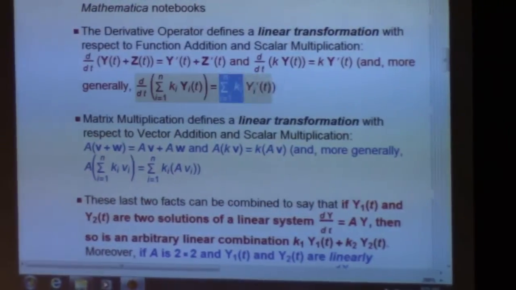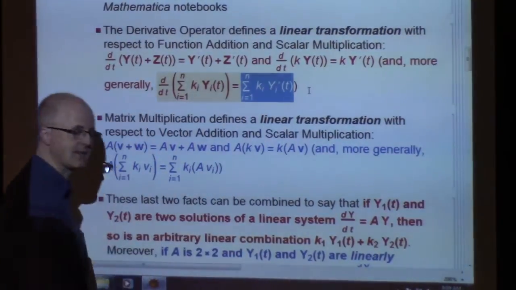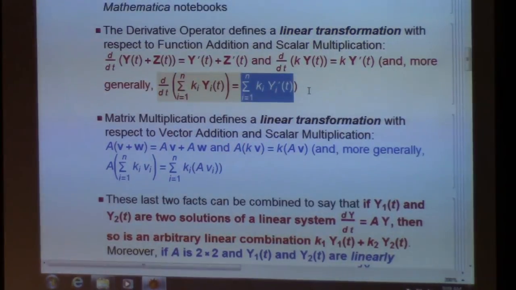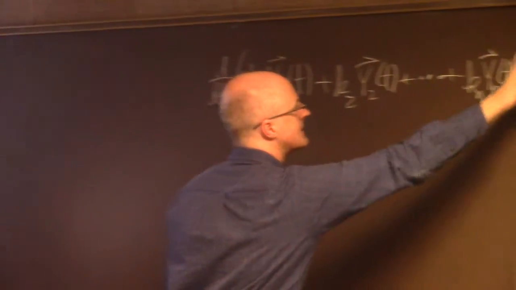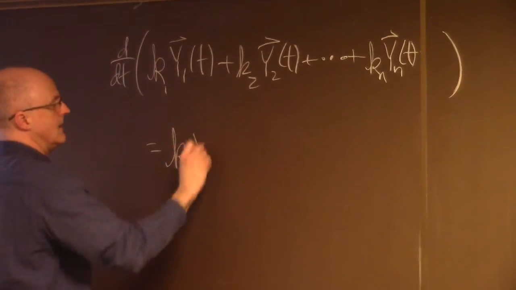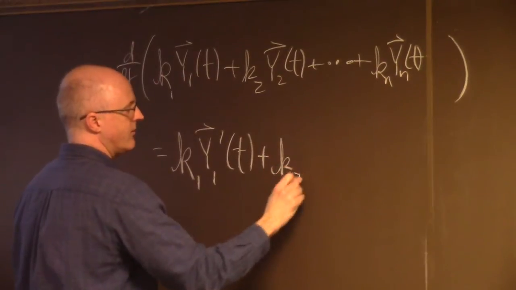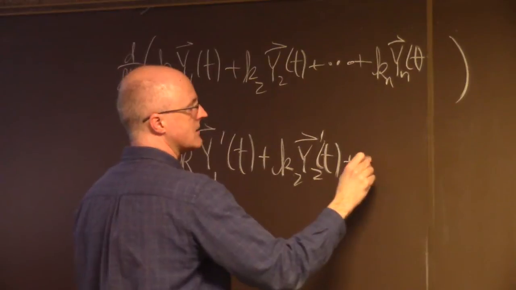If you take the derivative of a sum like this, you can essentially take the same linear combination of the derivatives of the functions themselves. That's what this says. Okay, so if I take the derivative of what I wrote on the board, I can just differentiate each of the y's and write the same kind of linear combination. I'll go ahead and write it here. Take the derivative of this. That can be done by taking the derivative of each function individually and then forming the analogous linear combination.